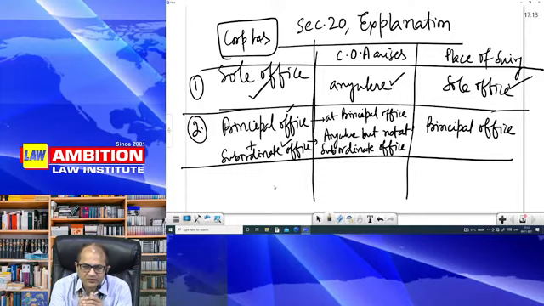So where will the place of suing be? It is at the principal office. If cause of action arises at the principal office, obviously the principal office. If it arises anywhere but not at a subordinate office, then again the principal office.